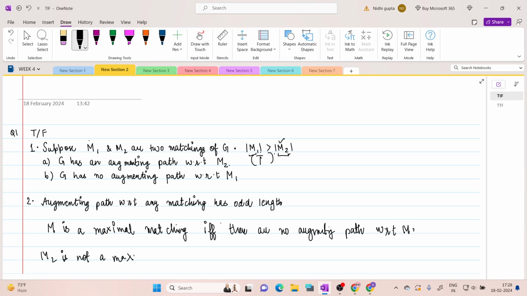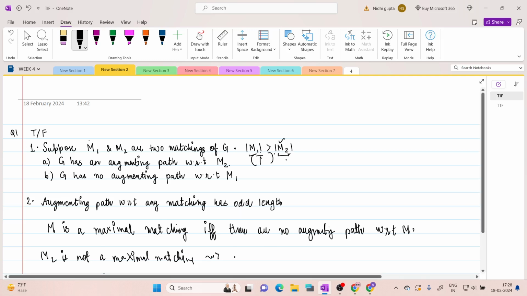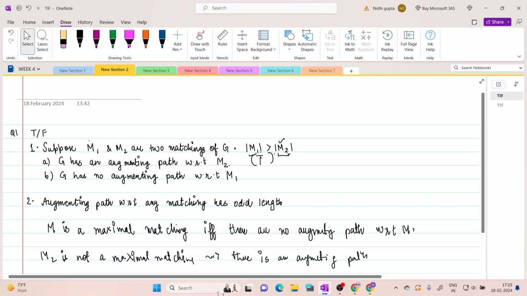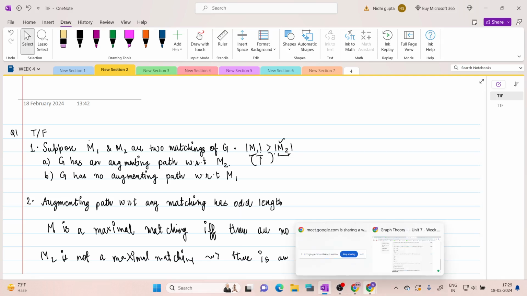Since this theorem is a necessary and sufficient condition, if M2 had no augmenting path it would be a maximal matching. Since M2 is not a maximal matching, therefore there is an augmenting path. So is everyone clear why it is true? We are directly using that theorem.